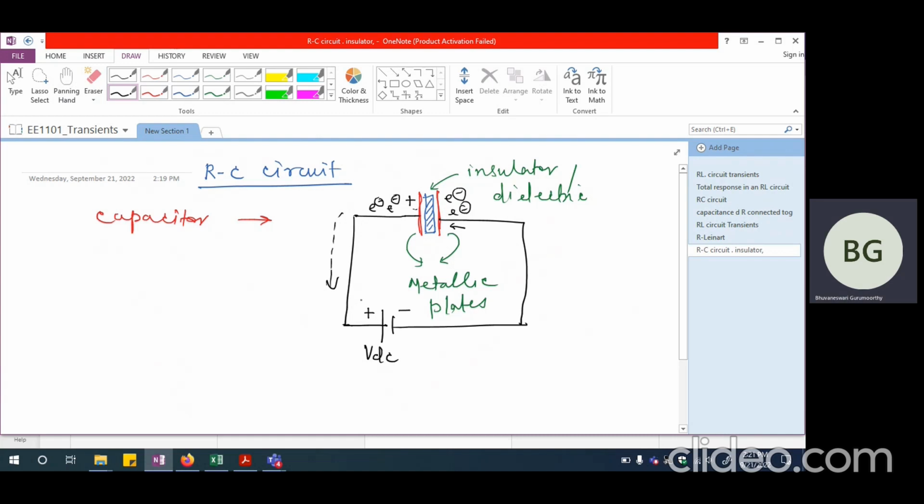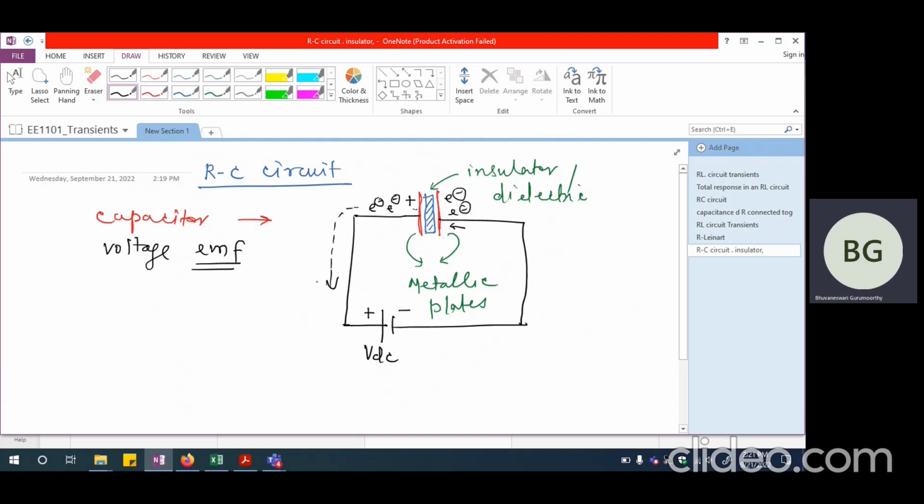The tendency of electrons is always to be forced by any positive potential difference that is available. So potential difference or voltage is also generally termed as electromotive force, EMF, because this is essentially acting like a force which is making the electrons move.